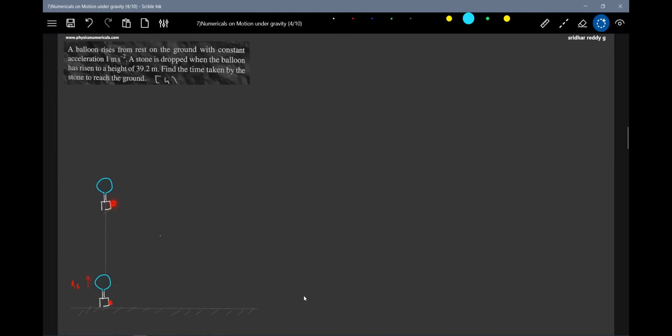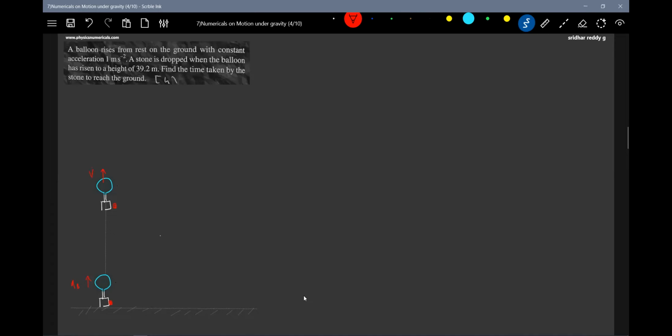Then what is the velocity of the balloon? That will be the velocity of the stone. The balloon will be moving with a velocity, say u, at that instant.